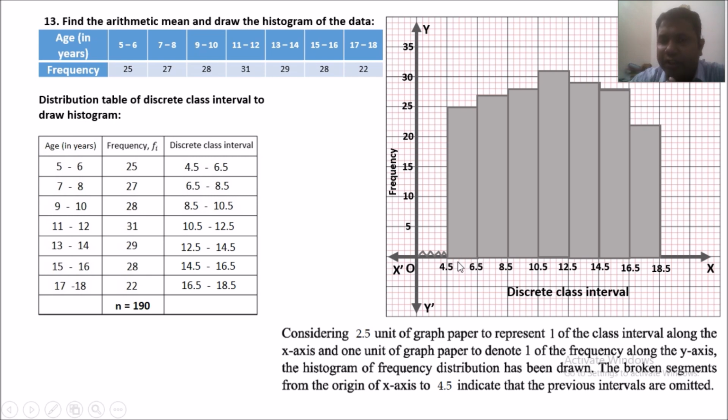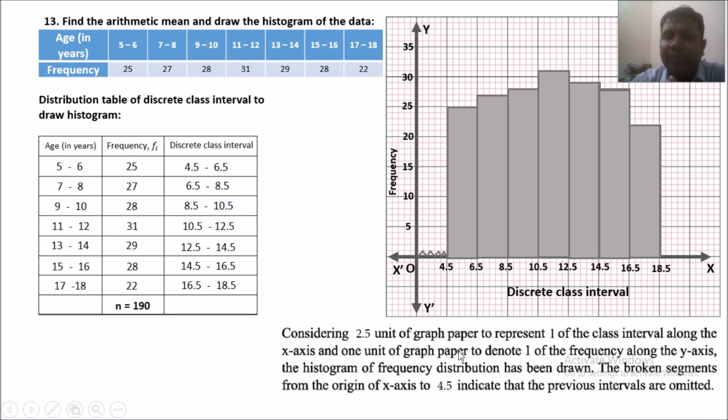So each of them is 2.5. So one class interval is considered 2.5 small squares on the x-axis, and on the y-axis, 1, 2, 3, 4, 5, 1, 2, 3, 4, 5. So one small square considers one frequency. So 1 unit of the graph paper to denote one frequency along the y-axis.